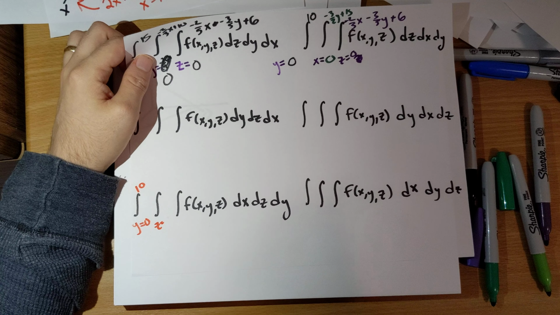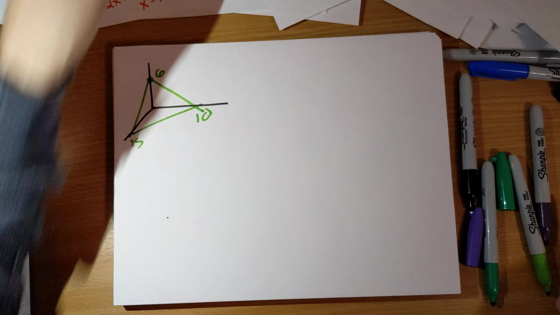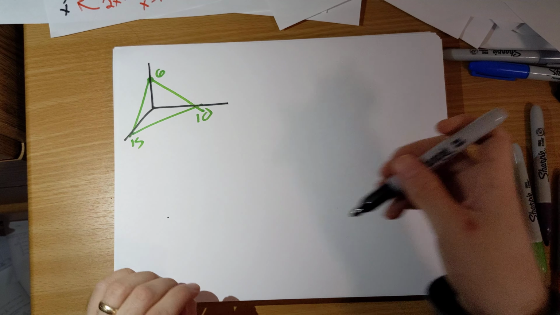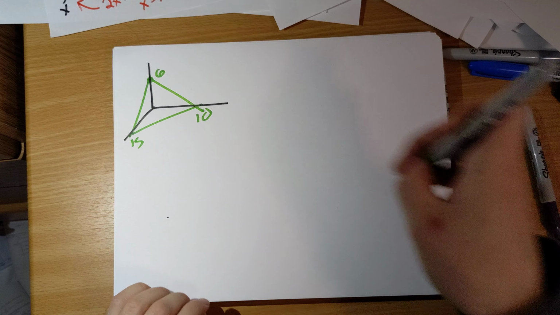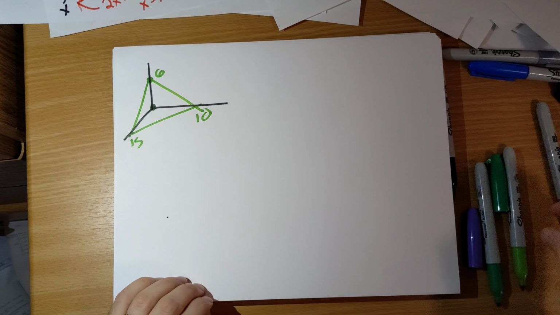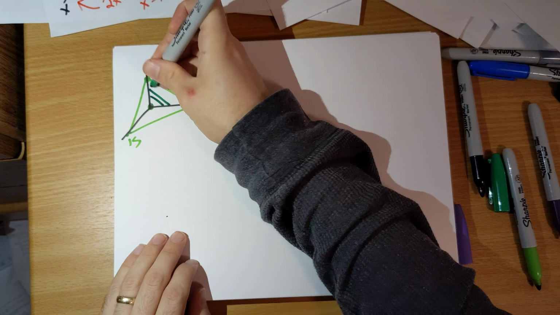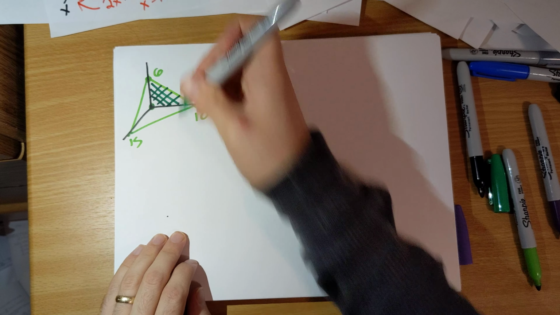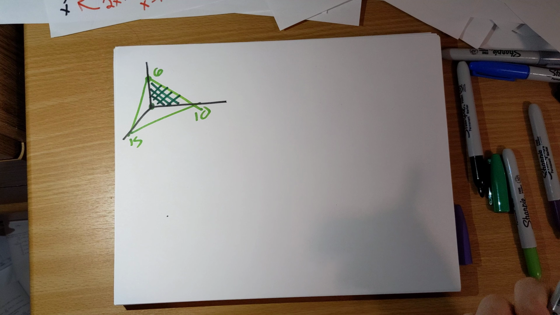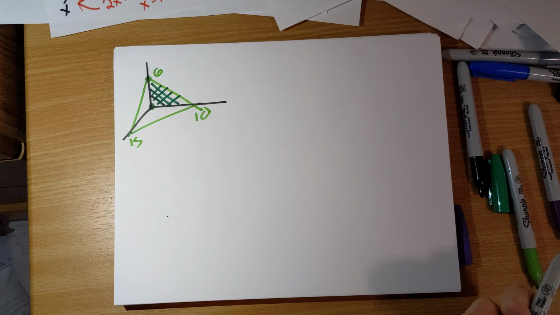Now we need z bounds in terms of y. To do this, we need to look at that triangle right there. We need to look at the projection of the tetrahedron into the YZ plane.